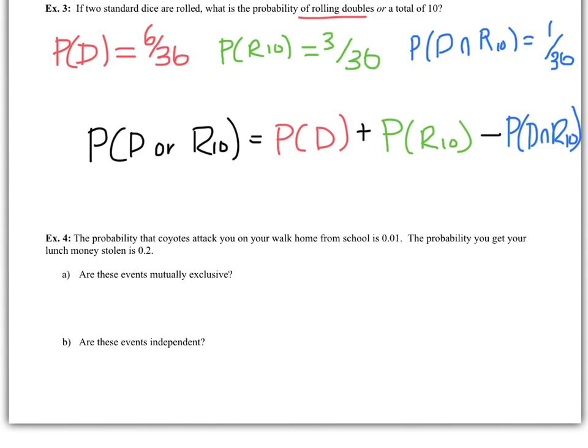So the probability of rolling doubles or a 10 is of course equal to the probability of rolling doubles plus the probability of rolling a 10, subtracting their intersection. So since we found the probability of all of these things, we can just put that in here. So the probability of rolling doubles was 6 over 36. The probability of rolling a 10 is 3 over 36.